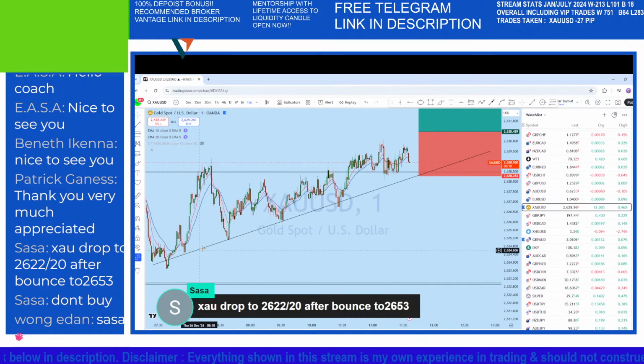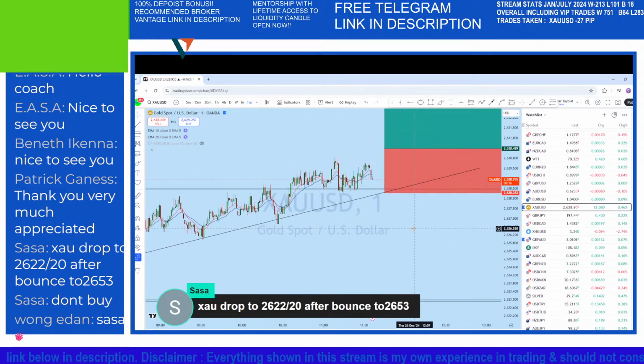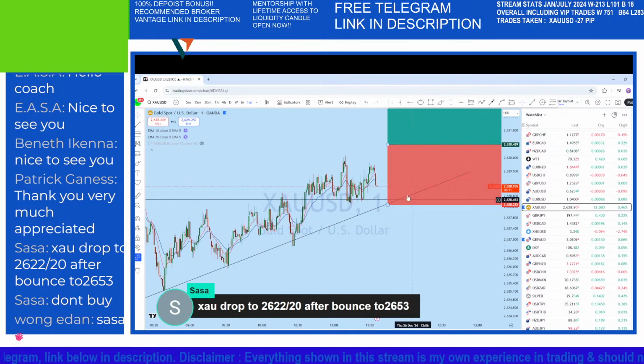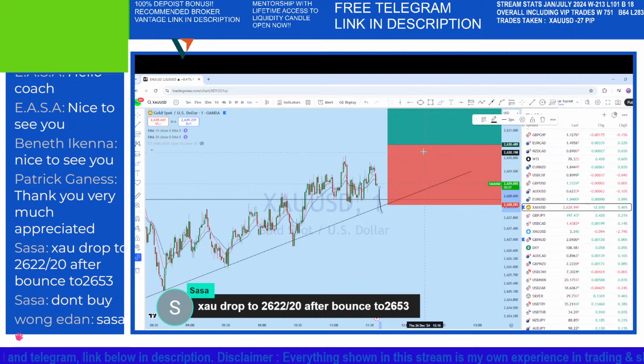So here is support, gap open, want to see the market coming here.